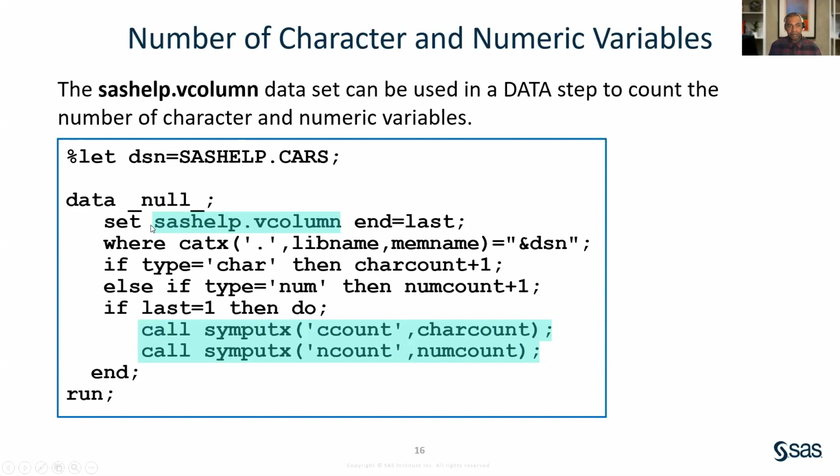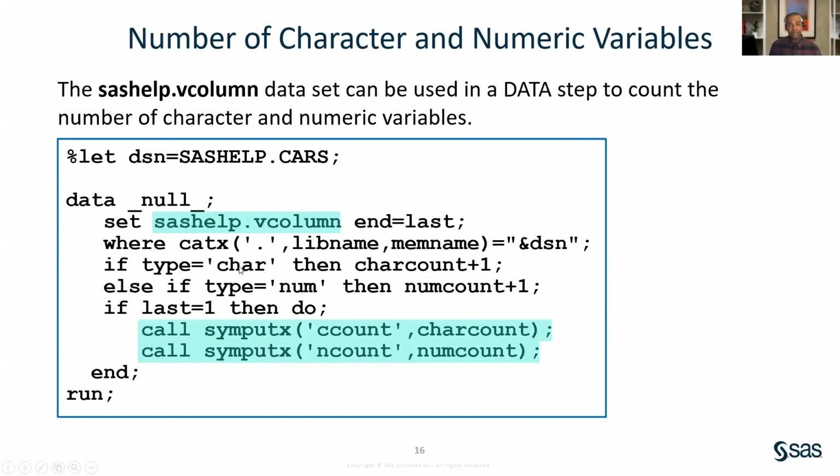In the data step, set SAS help.vcolumn, which is a view of dictionary.columns, end equals last, so I'll know when I get to the last record, where catx of the libname and the member name, such as the data set name, is equal to the data set that I specify up here.